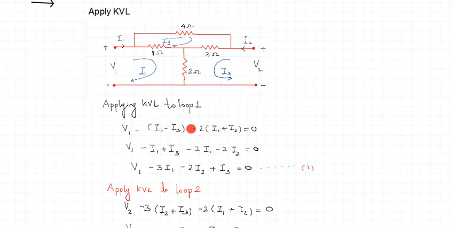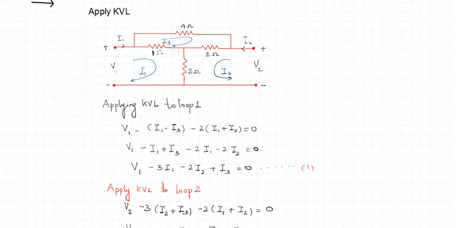So it is minus 2 into I1 plus I2 equal to 0. This is the first loop equation that we have obtained by applying KVL to loop 1. Simplifying this, we get an equation in terms of V1, I1, I2, I3. So V1 is associated with all three currents of the loop.